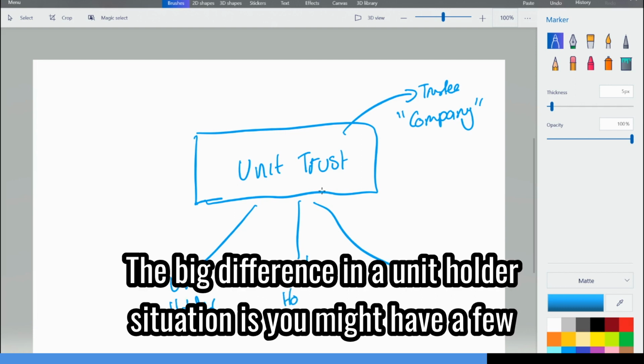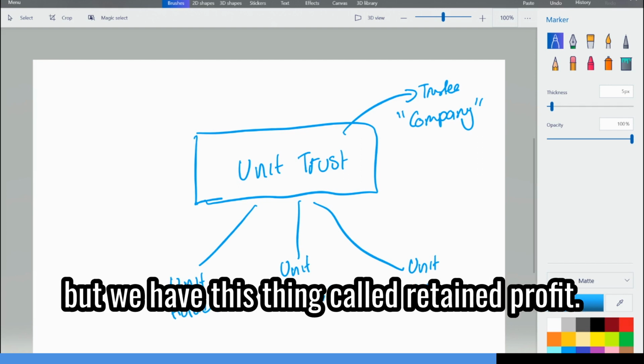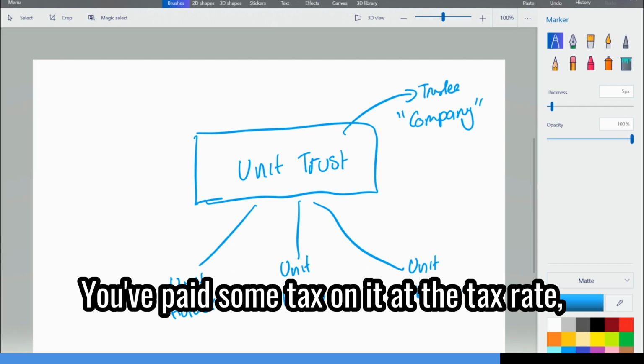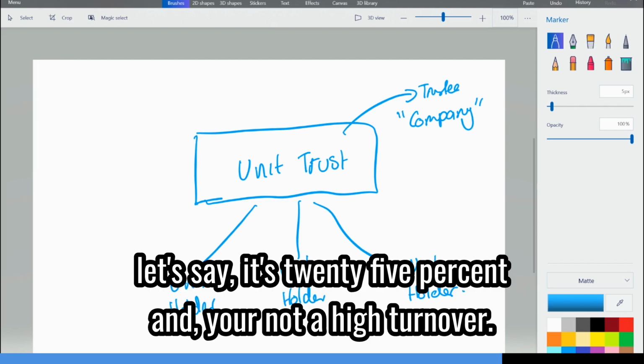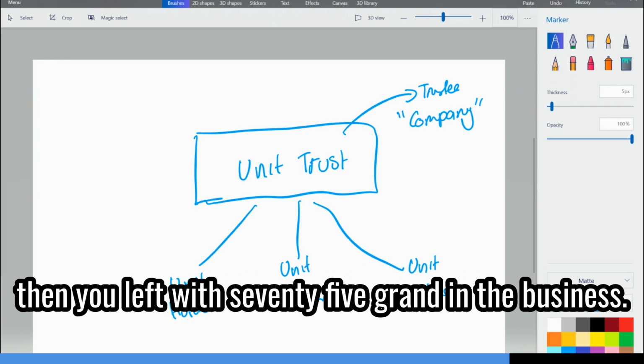The big difference in a unit holder situation is you might have a few shareholders in your company in the business, but we have this thing called retained profits. So let's say you've made $100,000 in profits, you've paid some tax on it at that tax rate. Let's say it's 25%, and you're not a high turnover, so you're not paying 30%. You pay the 25%, then you're left with 75 grand in the business.